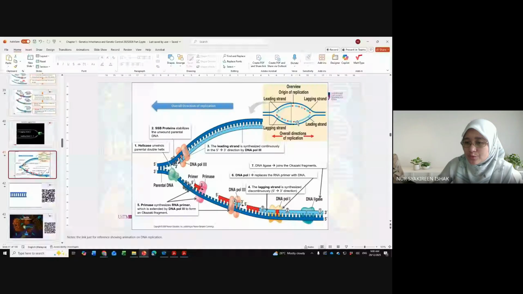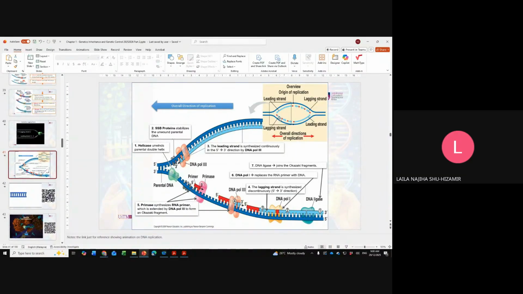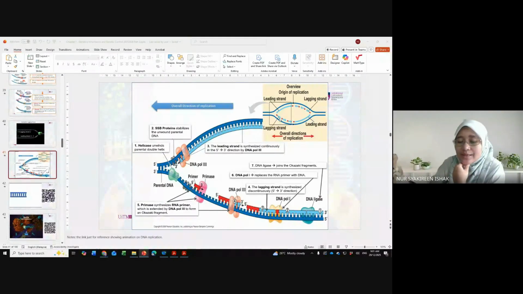You are going to join the leading to the lagging strand by the DNA ligase. What is the name of the bond that is formed to join all the DNA strands together? Is it a phosphodiester bond? Betul lah.